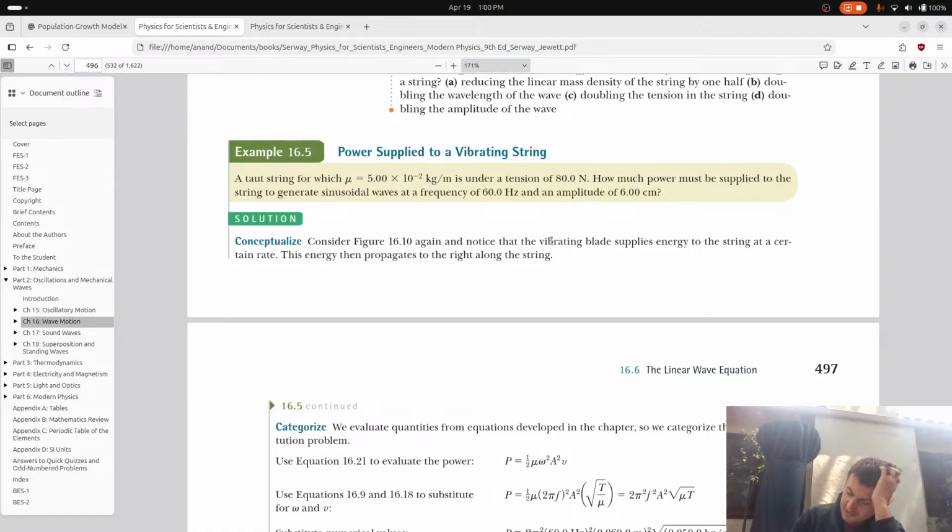It's also the square root of the tension over the mass density. So this is going to be 80 over 5e minus 2, square rooted. So then we can find the wavelength, because now this is equal to lambda over the period.